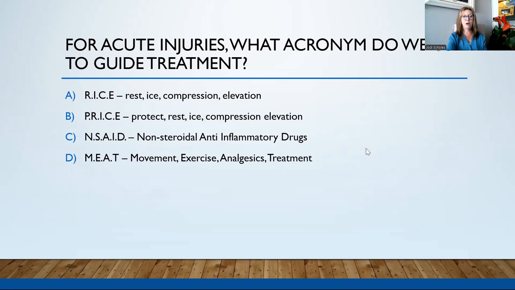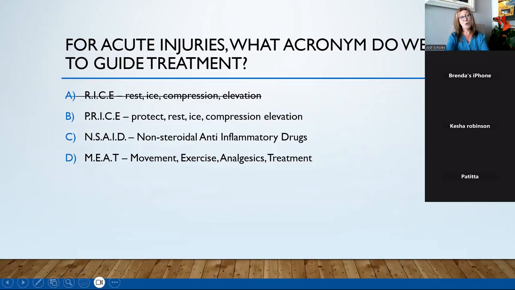Let's get rid of one wrong answer. We have learned no more rice. So B, for acute injuries, what acronym do we use? B, PRICE. C, NSAIDs.